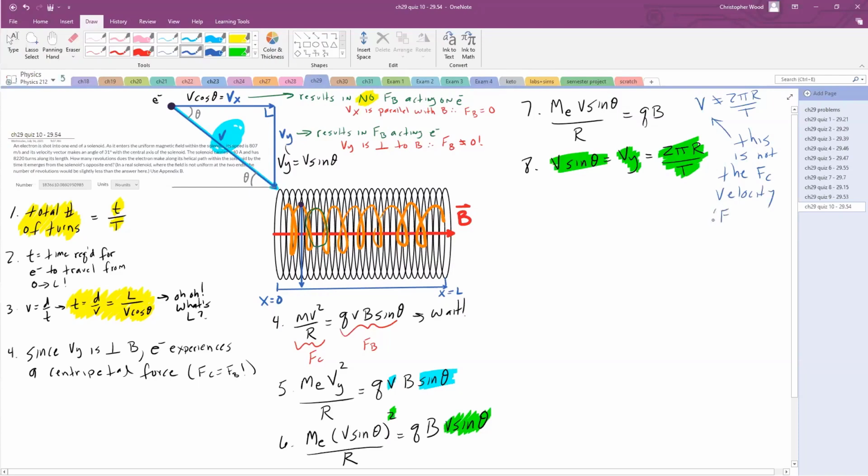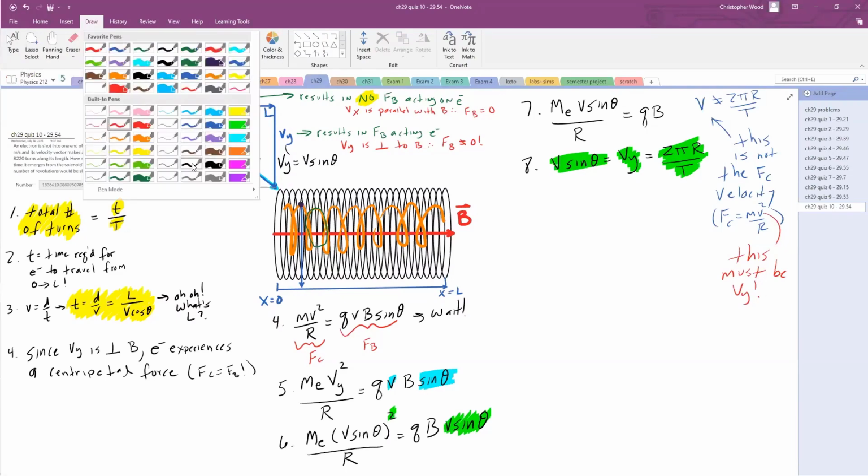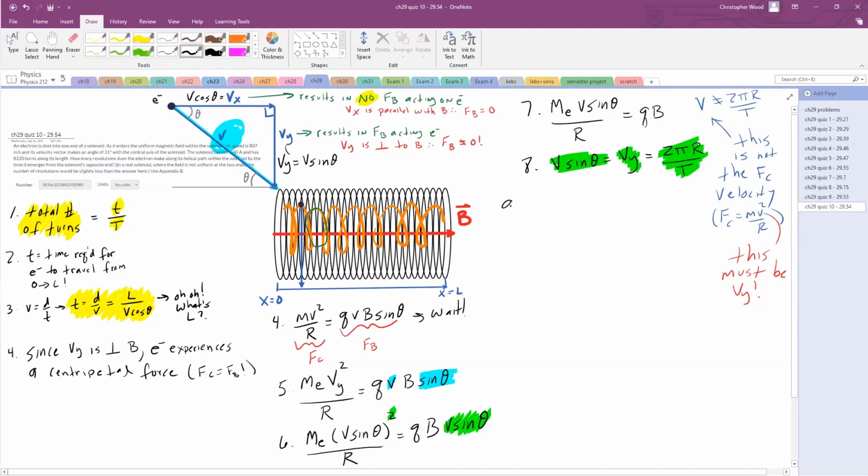So whenever you write down mv squared over r, this velocity is the tangential velocity. This must be v subscript y, or the tangential velocity, the velocity that's tangential to the circle's perimeter. So anyway, maybe beating that a little more than I needed to, but it's the details.